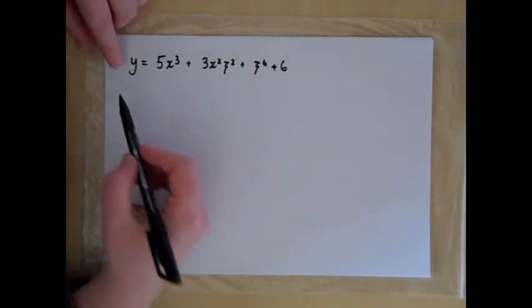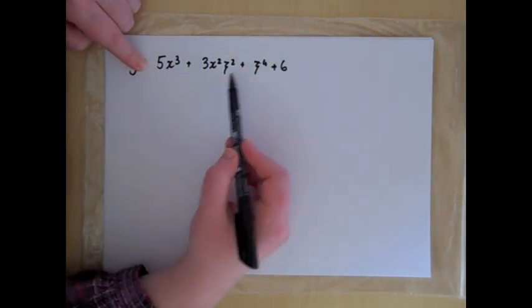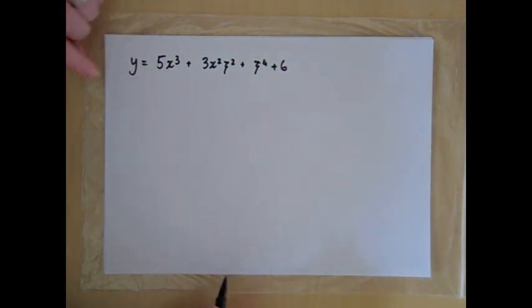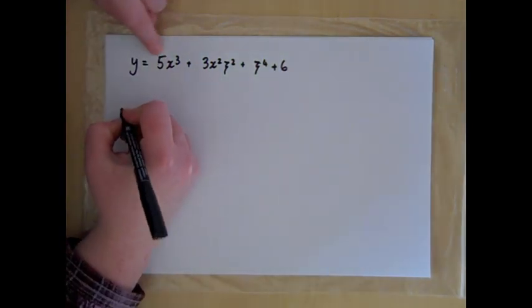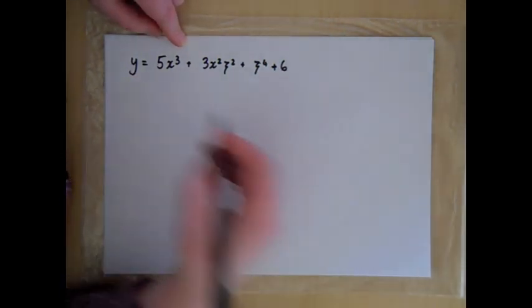Okay, so now I have a new function, y is equal to 5x cubed plus 3x squared z squared plus z to the 4 plus 6. First off, I'm going to differentiate this with respect to x whilst keeping z constant.